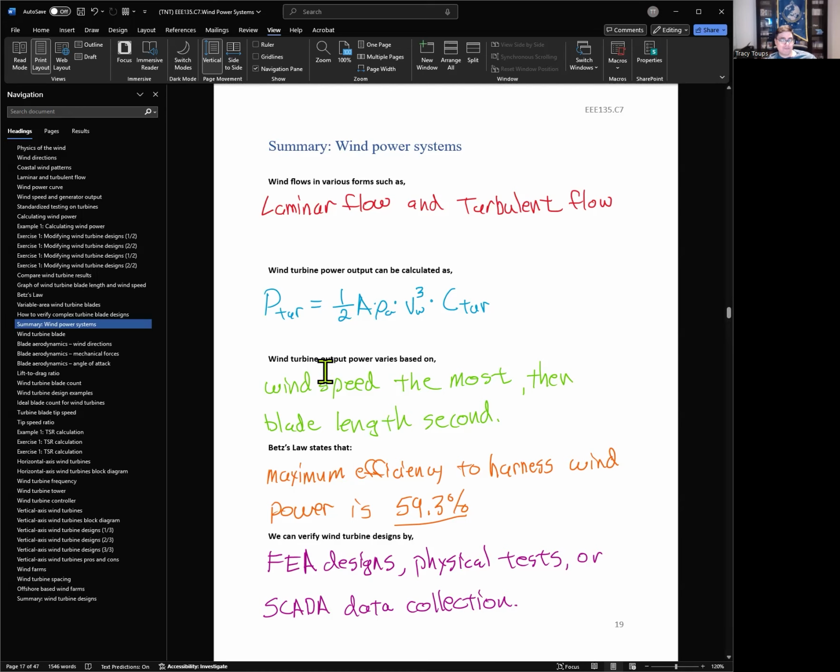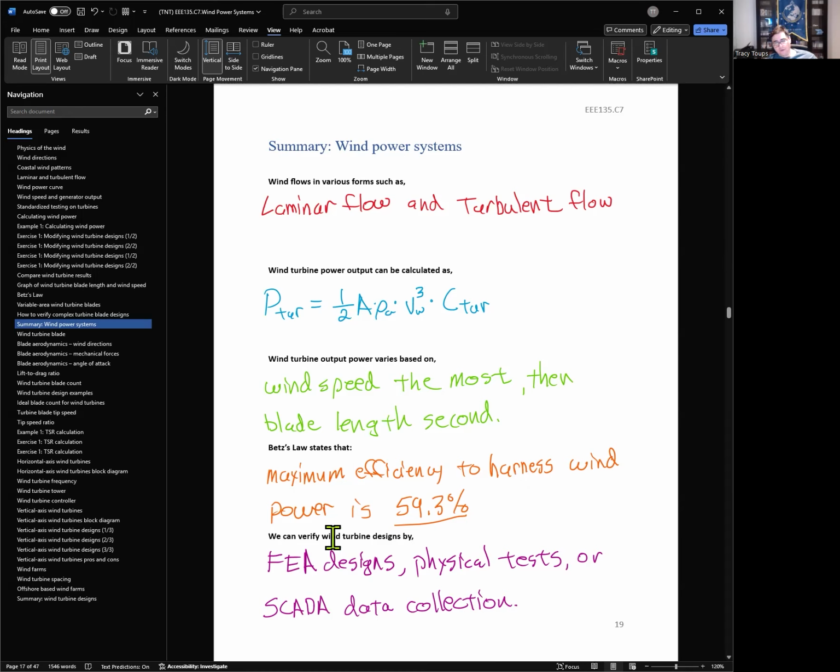The two things we have the most control over are the location where the wind speed is, and the blade length, which we design. Okay. Betz's law is very important because that states that the maximum efficiency to harness wind power is at best 59.3%. So you're always going to leave 40% of that power just to nature. You can't take it all.